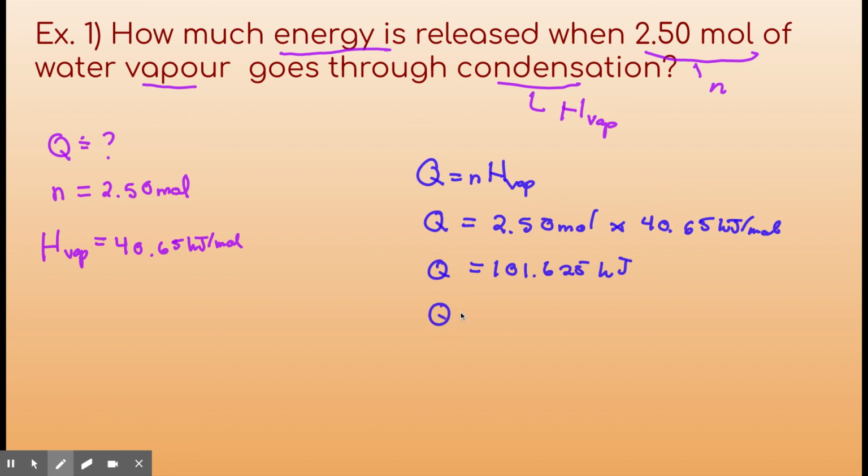So Q is equal to 101.6 kilojoules. And this energy is released when you have condensation occurring.